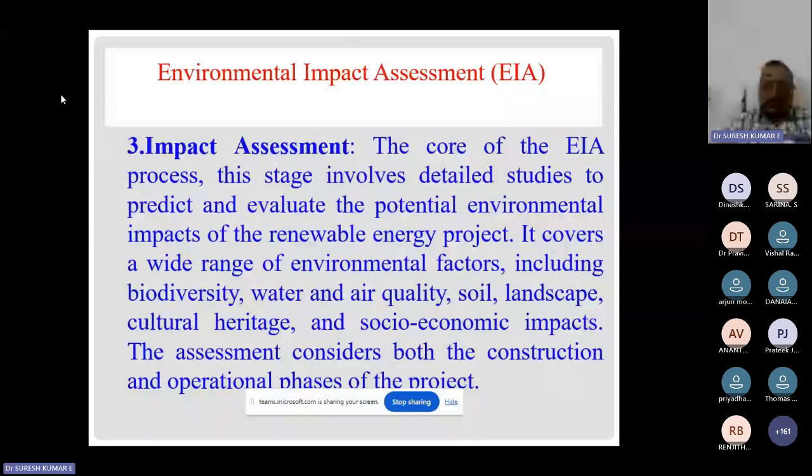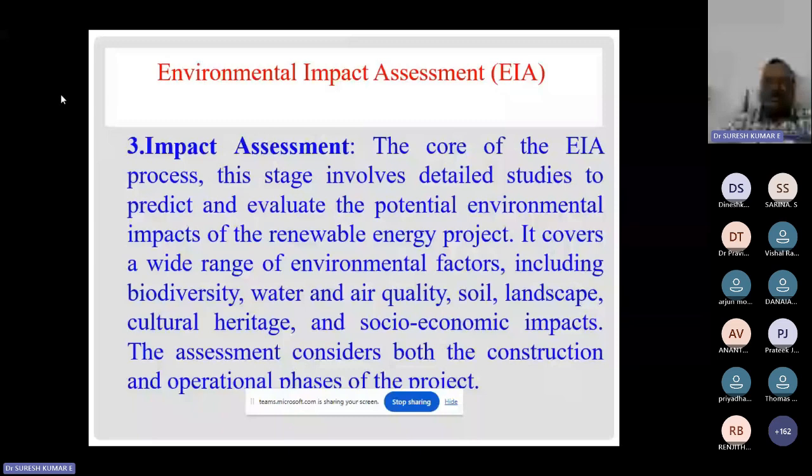It covers a wide range of environmental factors, including the biodiversity of the area, water and air quality, how it affects many industries, people suffering low quality water in many places in Indian cities due to the presence of large scale industries. So water and air quality, soil, landscape, the cultural heritage, socio-economic impacts. That's also there. Not only the environmental impacts, other two are socio and economic impacts.